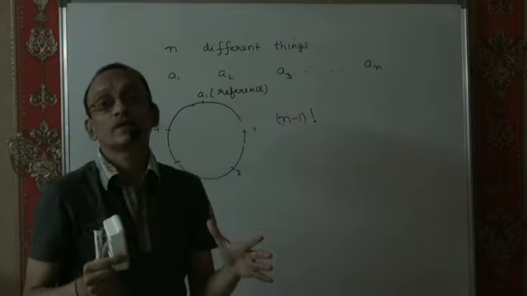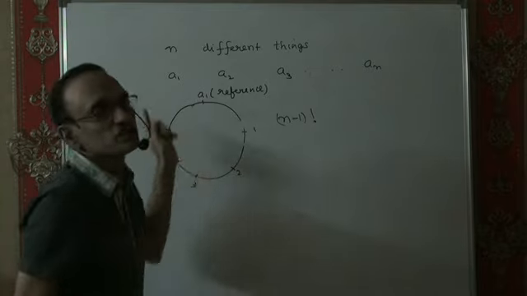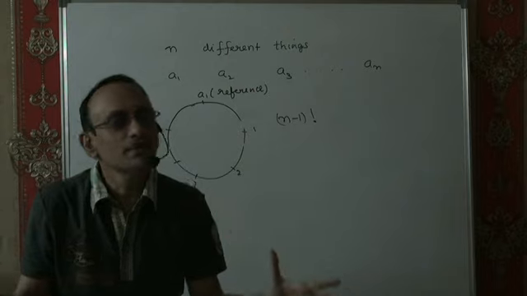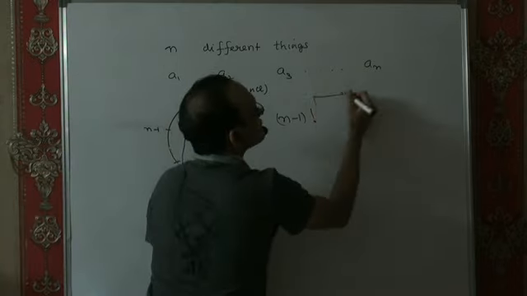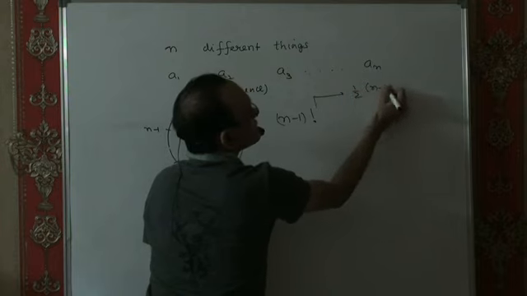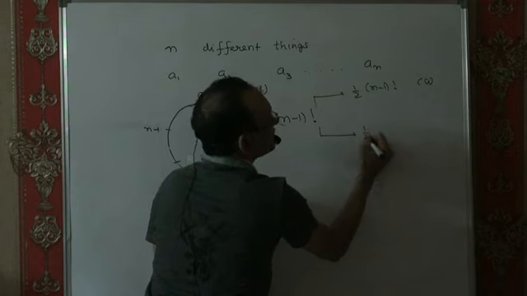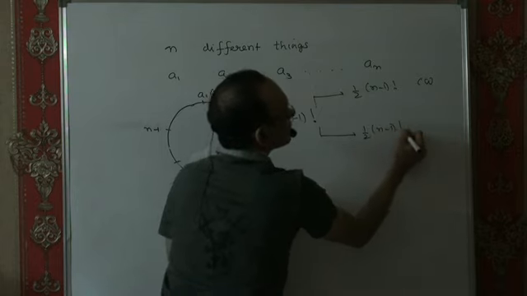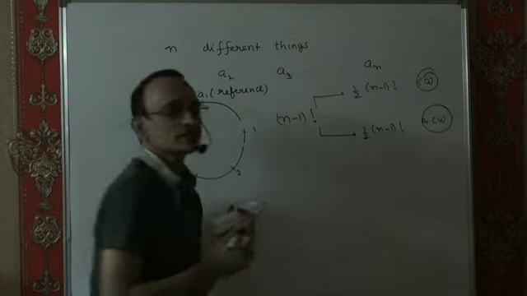Fix one thing so that I have a reference point, and the remaining n minus 1 things in these n minus 1 spaces can be filled up in n minus 1 factorial ways. And exactly half of these would be clockwise and half of these would be anti-clockwise.